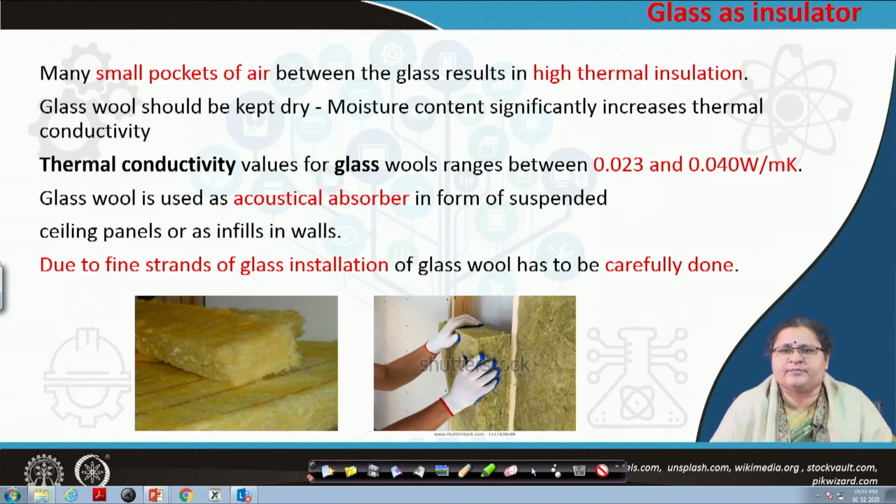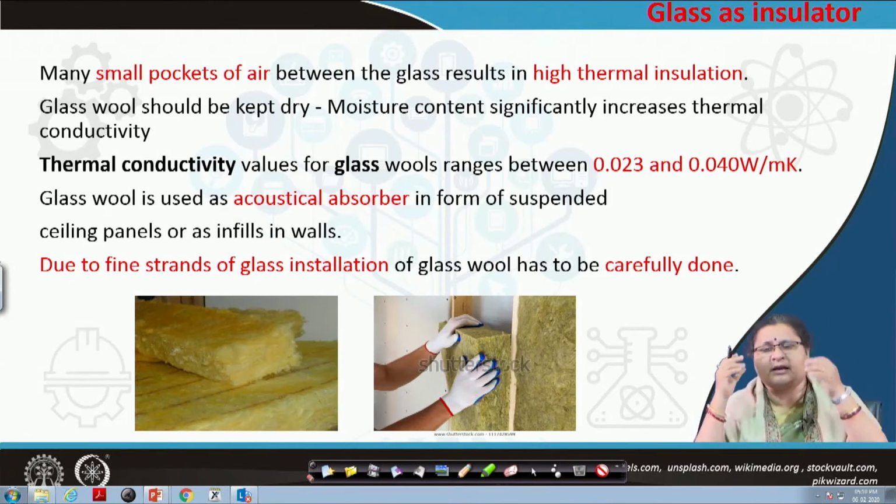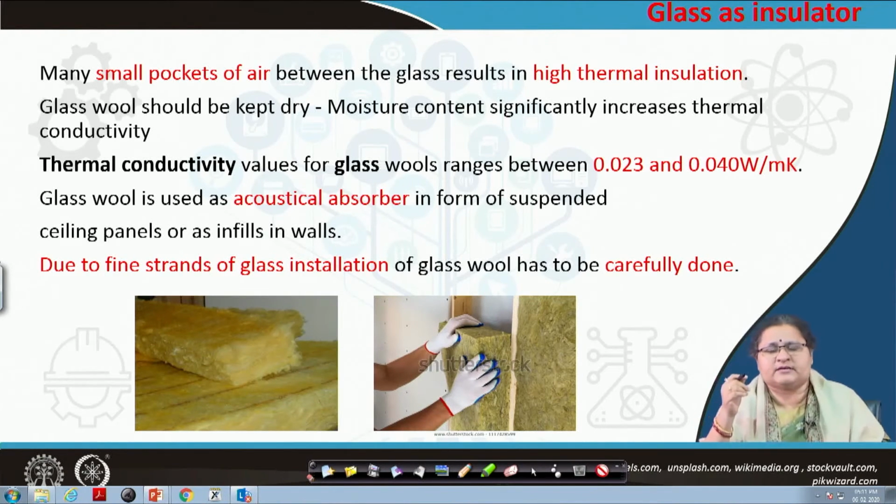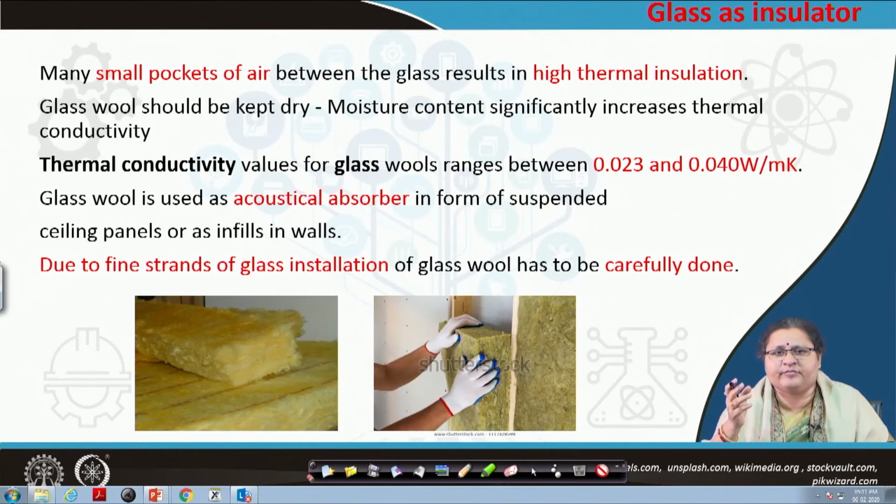If you see a picture of the person fully, you will see he is wearing glasses protecting his eyes, and a mask covering his nose and mouth, because these thin strands of glass, if inhaled, create a lot of health issues. So, this is the negative part of it.